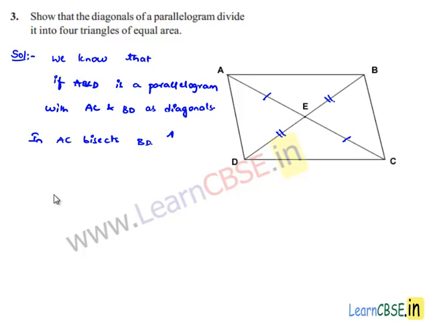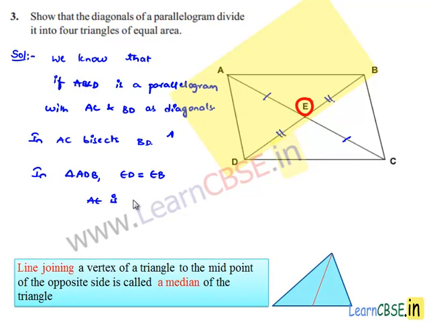Now let us consider triangle ADB. Here ED is equal to EB. Therefore we can say that AE is the median of the triangle ADB.